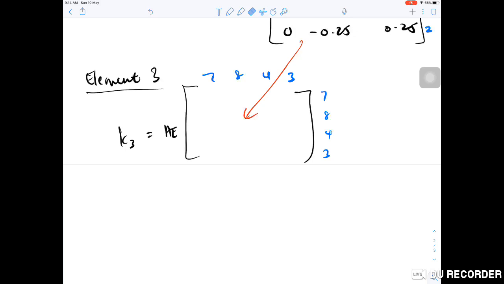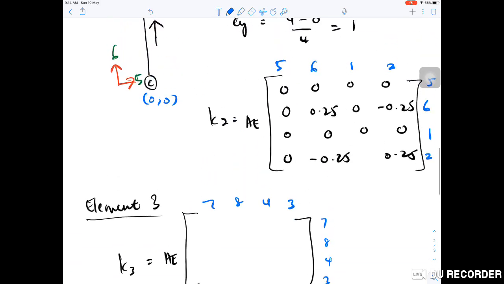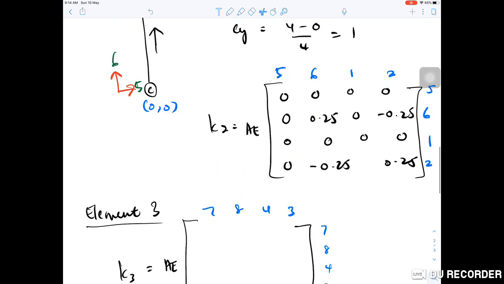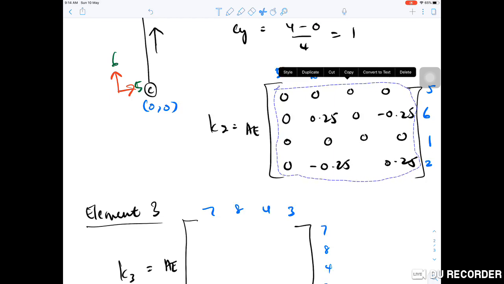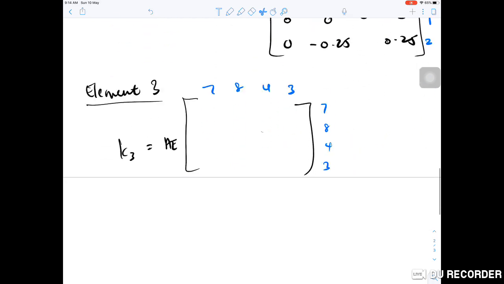Let's say I just copy all these values here, and paste here.